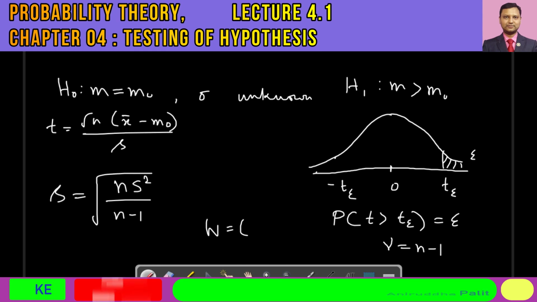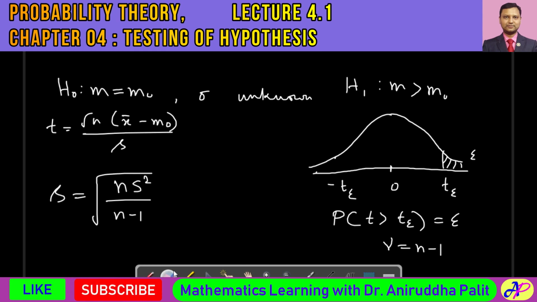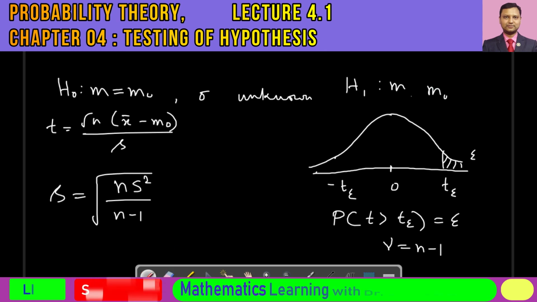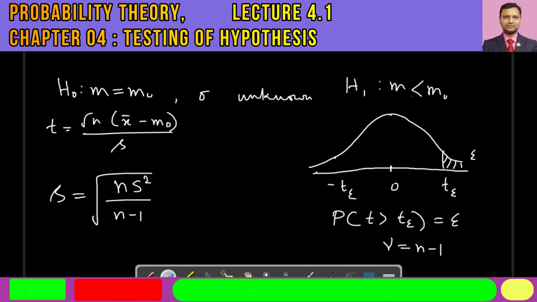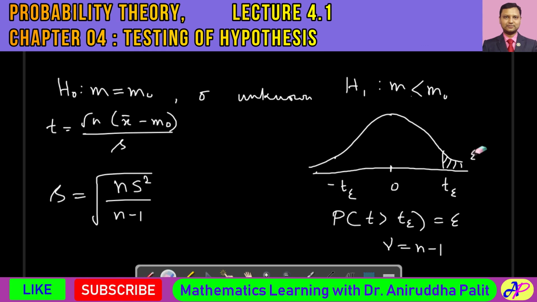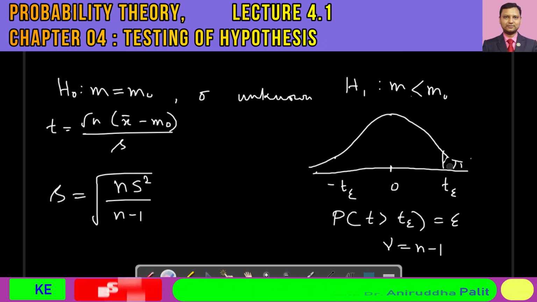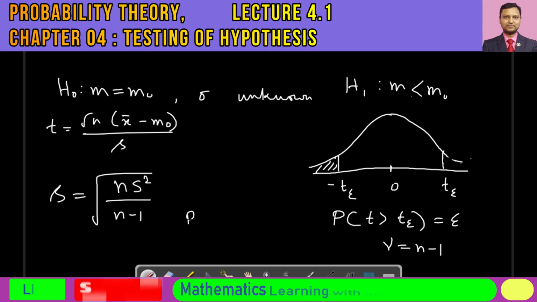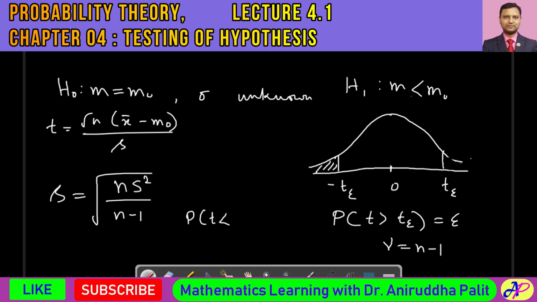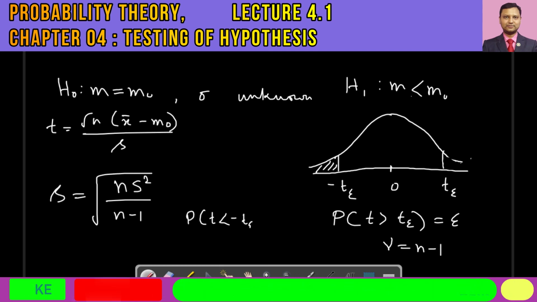And if we have this type of inequality, that m less than m0, in that case this critical region would not appear over here. Rather, it would be on the left hand side, this type of critical region, and there we shall have to write probability t less than minus t epsilon.